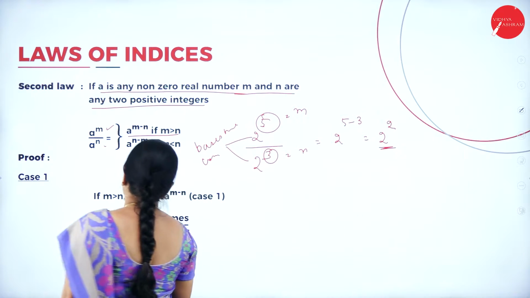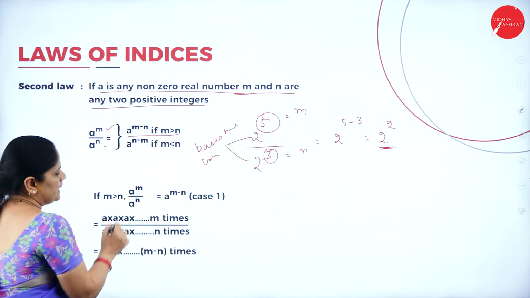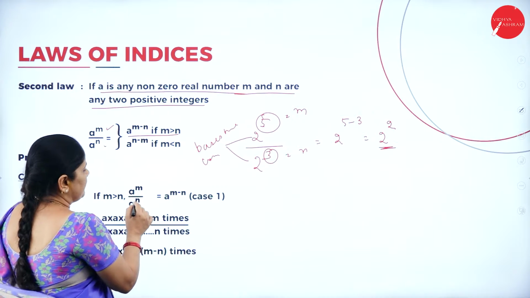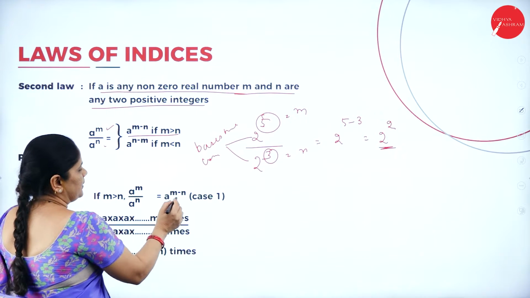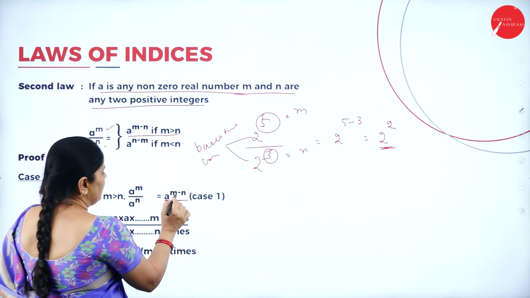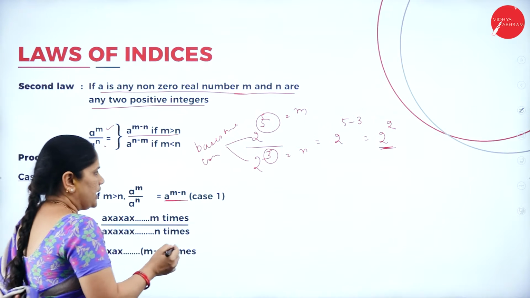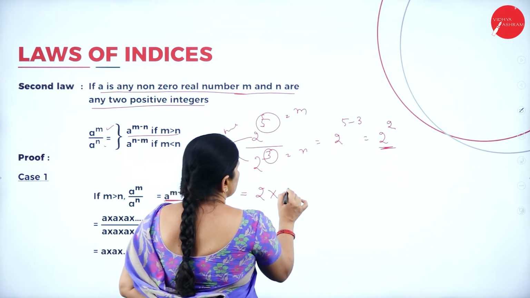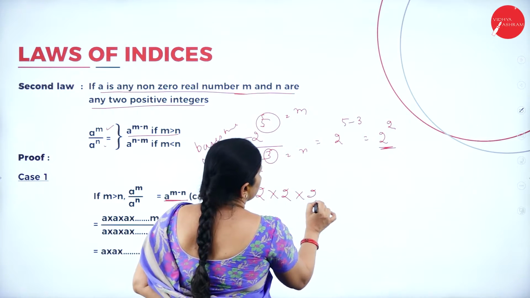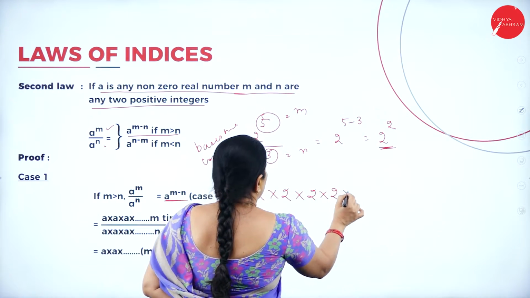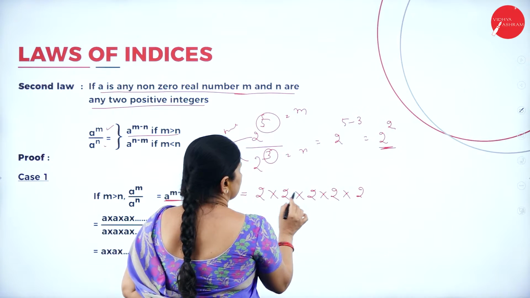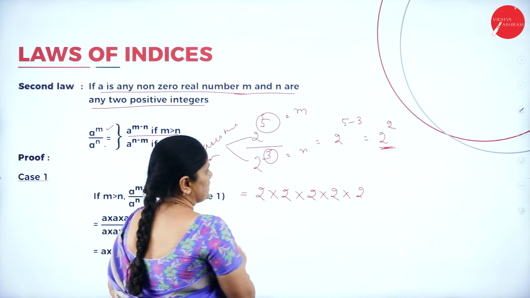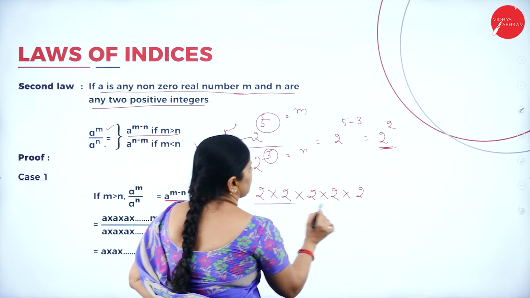So here they have written that if m is greater than n, a to the power of m by a to the power of n equals a to the power of m minus n. For example, in this example, 2 into 2 into 2 into 2 into 2. So 1, 2, 3, 4, 5 times I have written. I have expanded this.